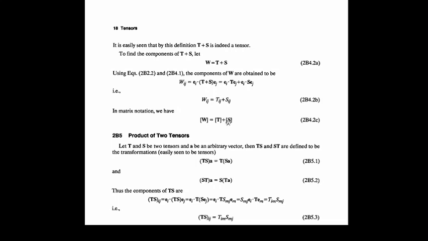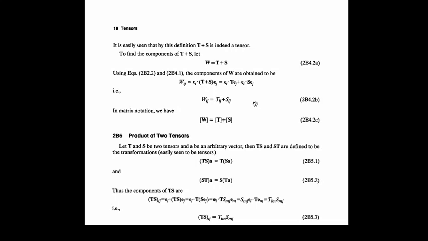This is the matrix notation for the components. For the whole matrix, you can write the matrix of W equals the sum of the matrices of T and S. Now equation 2b4.2b is telling us that W11 will be equal to T11 plus S11, W12 will be equal to T12 plus S12.